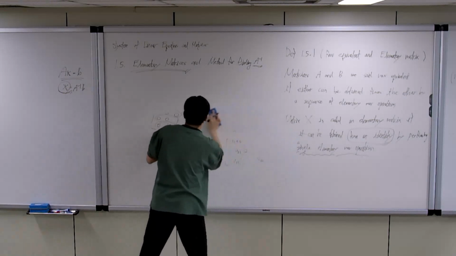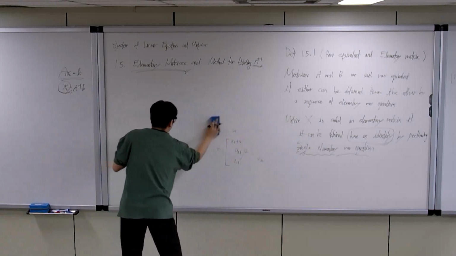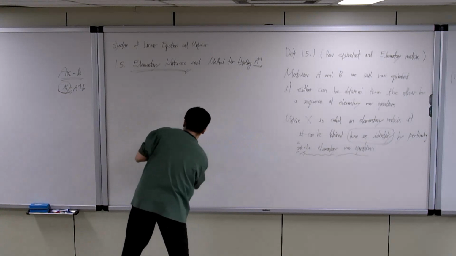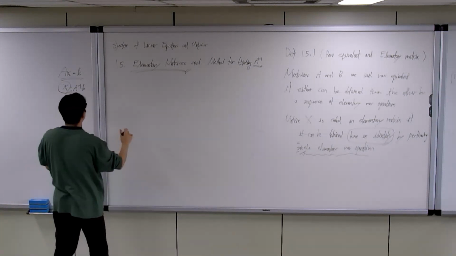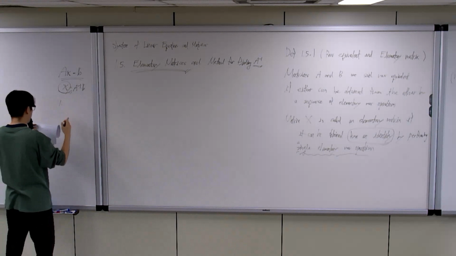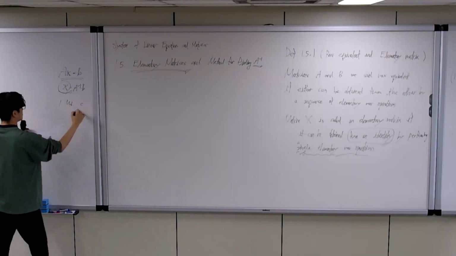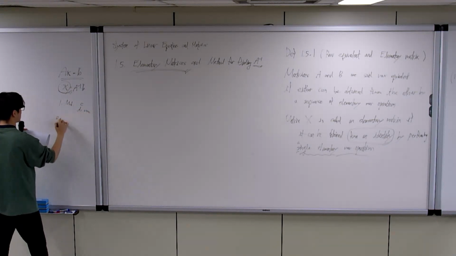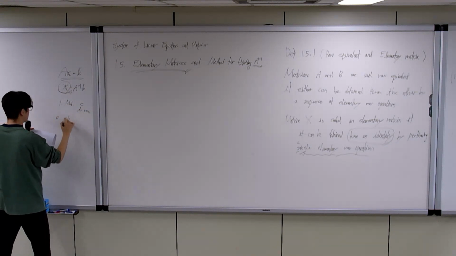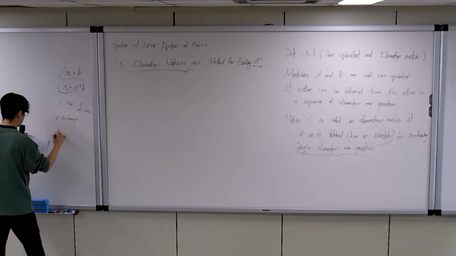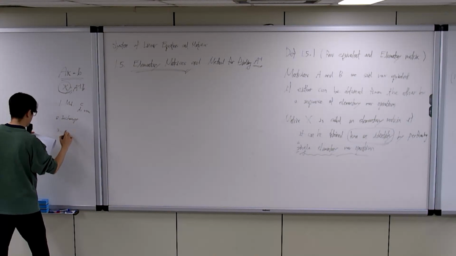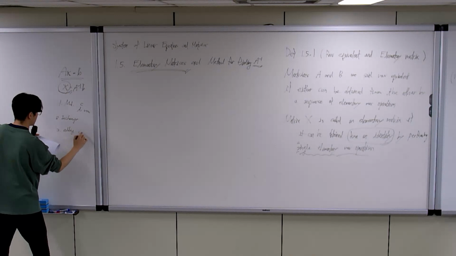We have 3 elementary matrices: simply multiplying a row by a constant; second one is interchanging rows; and adding C times another row to the other one.